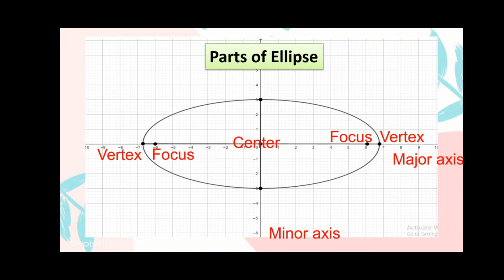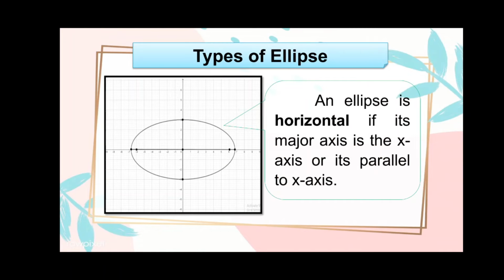Other than that, we need to know that an ellipse can be classified as a horizontal or vertical ellipse. An ellipse is horizontal if its major axis is the x-axis or is parallel to the x-axis.